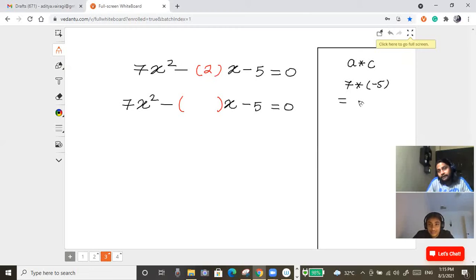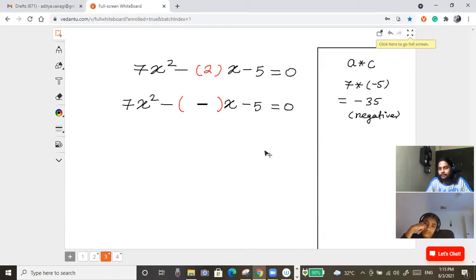And that gives you negative 35, right? Just because this is a negative number here. So which sign you apply here in the middle? It's a negative sign. Had you got a positive sign right here, you would have applied a positive sign here. Now one thing is clear that 2x will be obtained using subtraction.